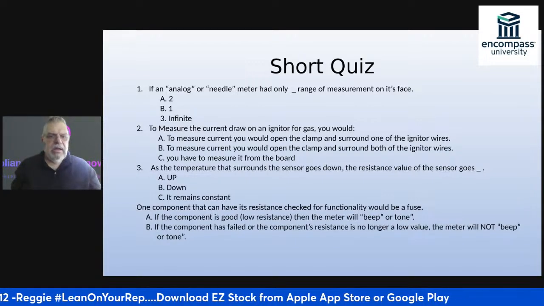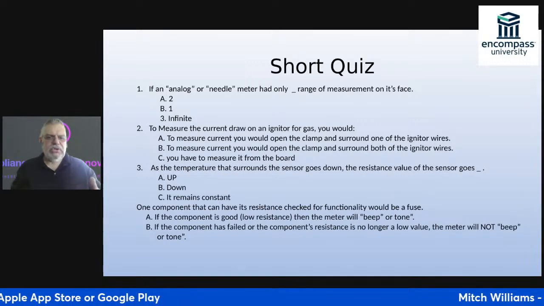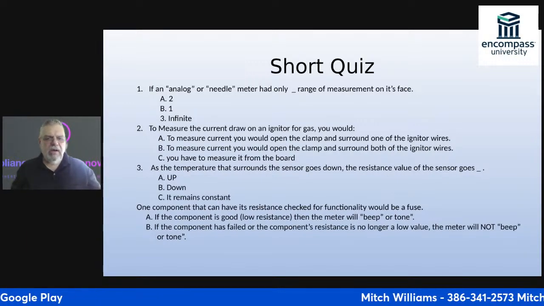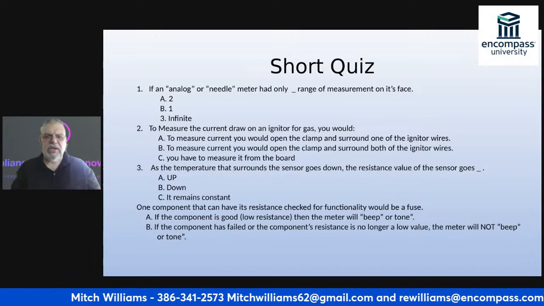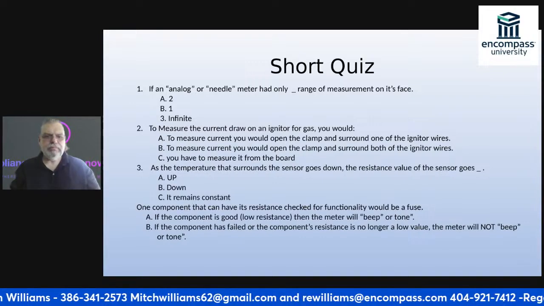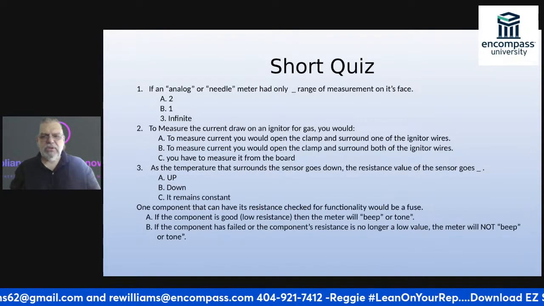Okay. As the temperature that surrounds a sensor goes down, the resistance value of the sensor goes up, goes down, or remains the same. Okay. What's the answer to number 3?